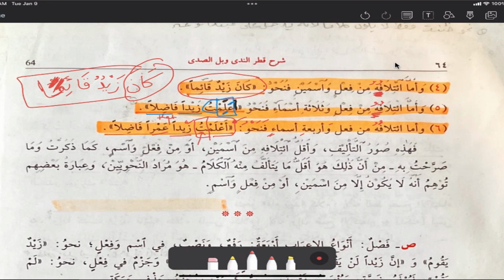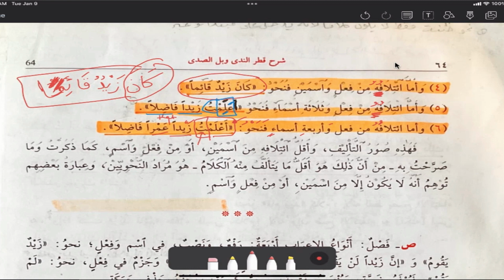Sometimes some verbs need an object, sometimes two objects, sometimes three objects. The meaning won't be complete until the verb fulfills all of what it needs, unless there is a taqdir, something implied or omitted. Sometimes a verb doesn't need any object, only needs a doer. It's always going to need a doer.